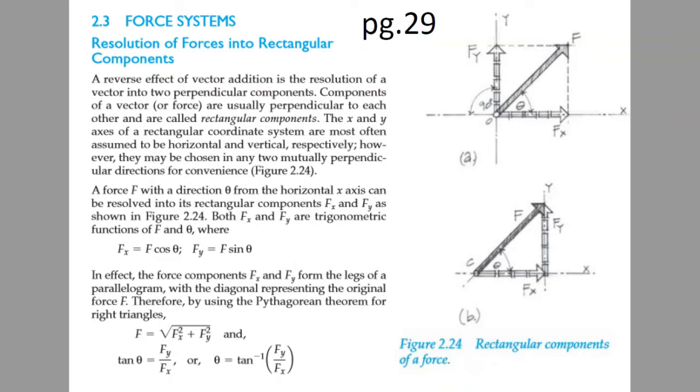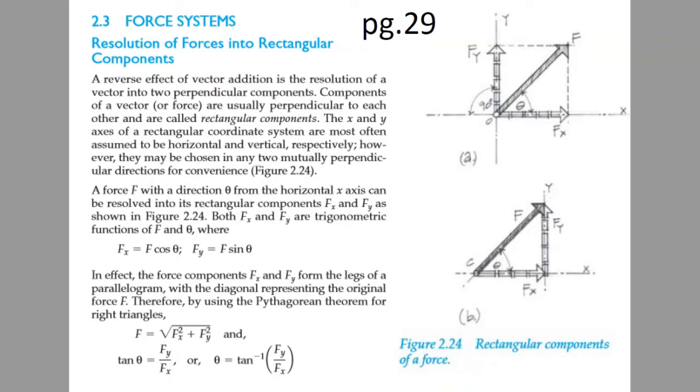A force F with a direction theta from the horizontal x-axis can be resolved into its rectangular components, Fx and Fy, as shown in figure 2.4. Both Fx and Fy are trigonometric functions of F and theta, where Fx is equal to F cosine of theta and Fy is equal to F sine of theta.